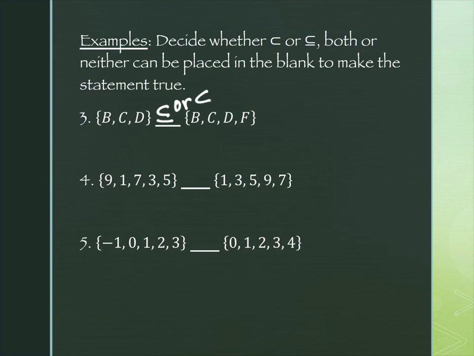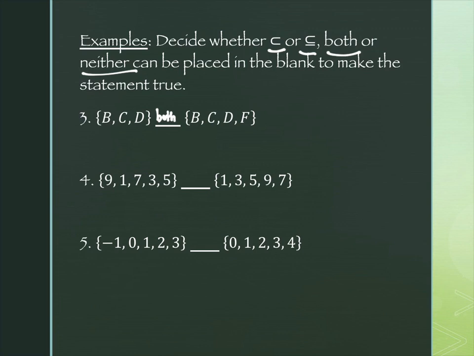What would go in the blank the way that this question happens to be worded? Both. Thank you. There's 4 options up here. We have this one, the word both, or the word neither. So my math lab might ask it a little bit differently, but we're going to write in here both. Because I can put either symbol in there, I can put both, because both of those will fit in there.